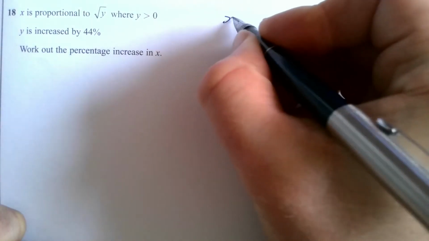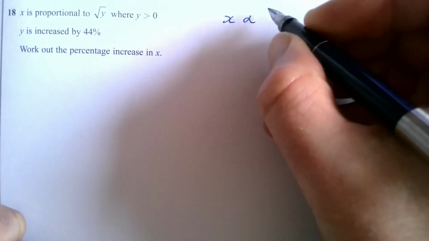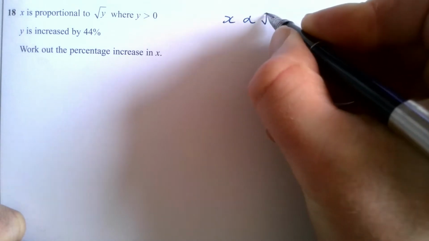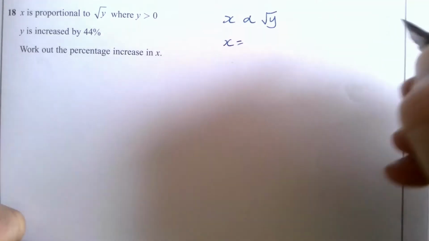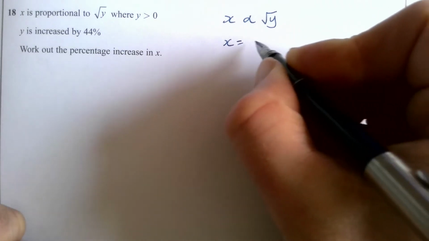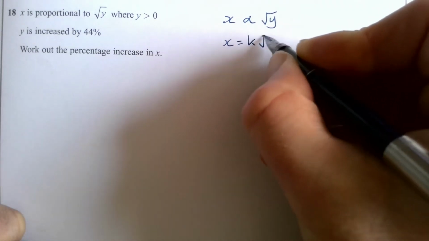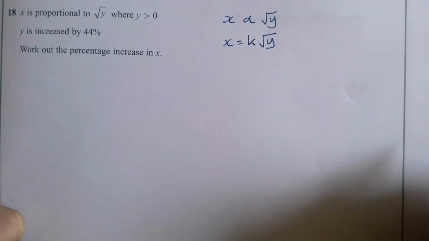So I would always start by saying, right, if it says x is proportional to, use a proportional symbol, to y, and you're probably going to get a mark if you can just say that that means I could write a formula saying x is going to be k multiplied by root y.